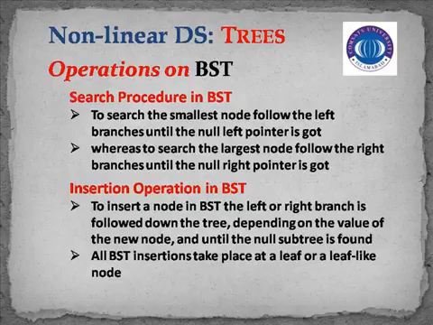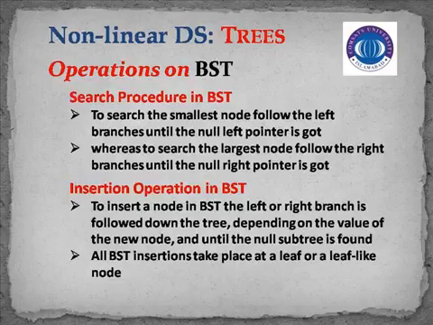Dear listeners, to find the smallest element in the binary search tree BST, the left branches must be followed until the null left pointer is reached. Whereas to search the largest node, follow the right branches until the null right pointer is obtained.